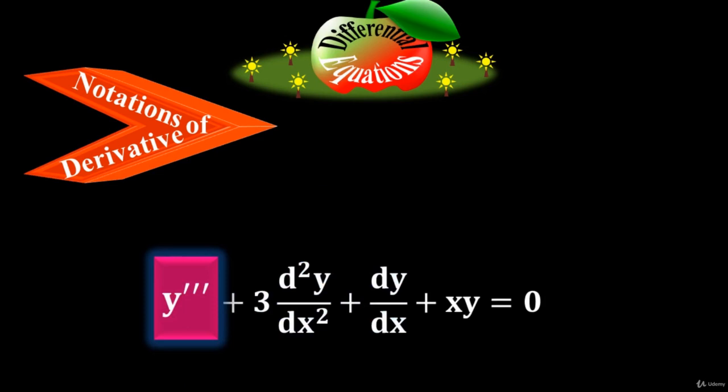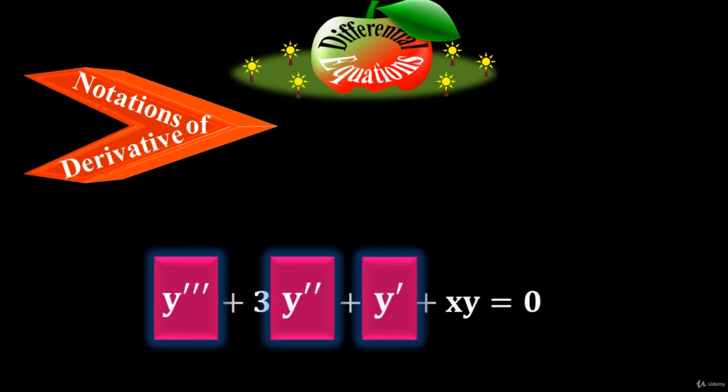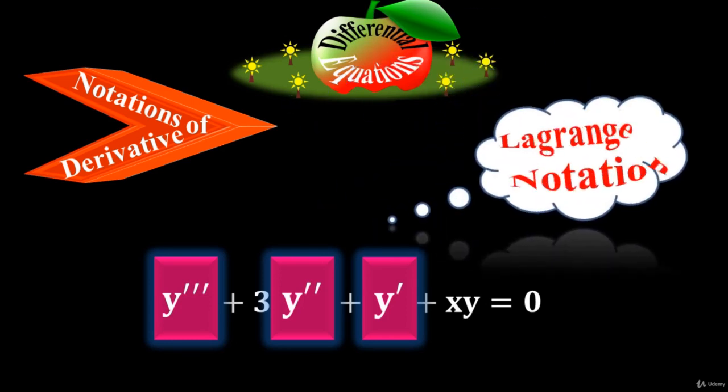Y triple prime, y double prime, and y prime are called Lagrange's notations. These are Lagrange's notations for the derivative term.